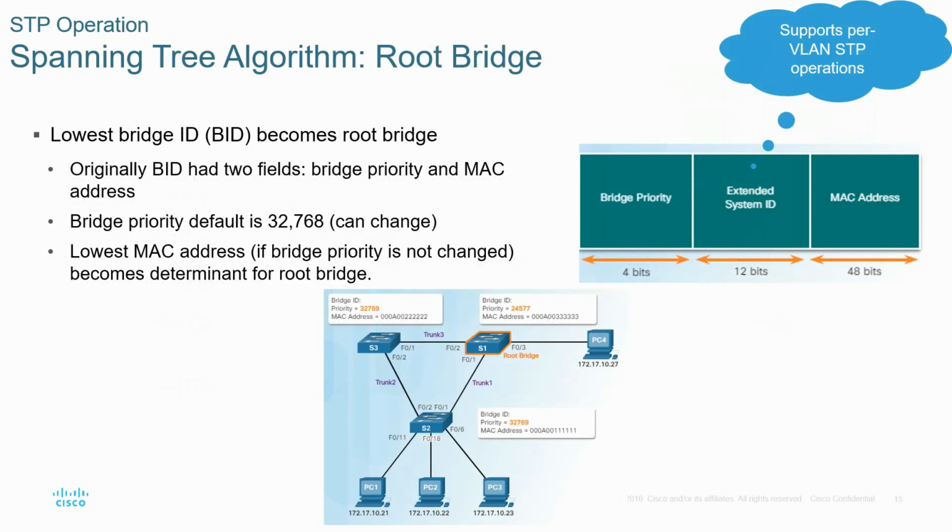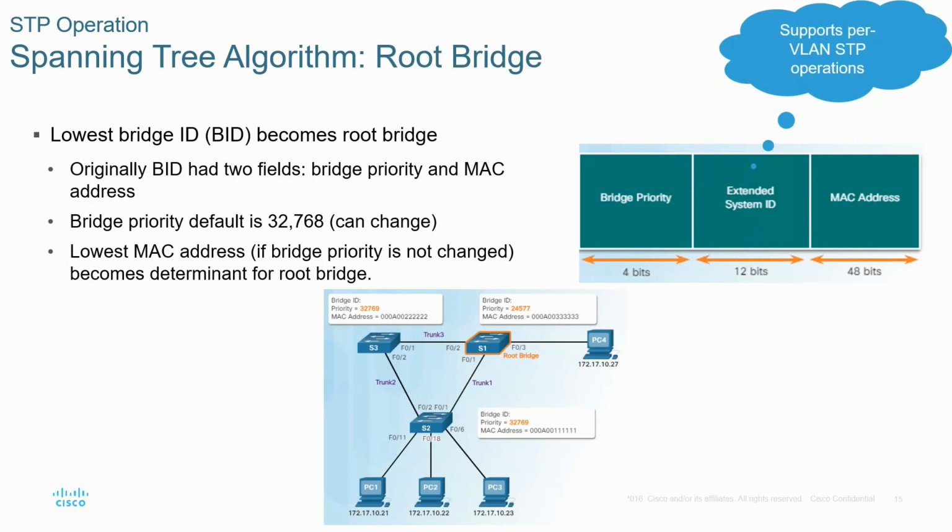Okay, so first of all, which switch in the network becomes the root bridge. Okay, this is done based on a number that is called the bridge ID or BID. The BID consists basically of three fields that we see on the figure on the right. The three fields are the MAC address of the switch, the extended system ID, which is basically the VLAN ID, the ID of the VLAN to which the port belongs, and also something called the bridge priority.